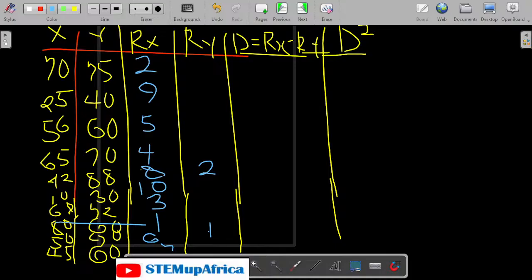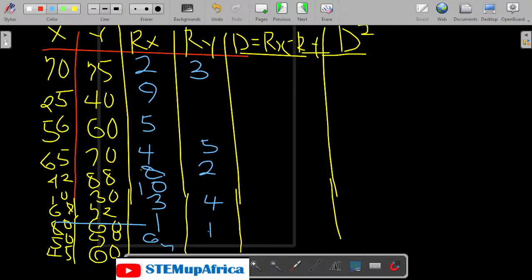I will rank it as 3. After 75, I have 72 there. I will rank it as 4. After 72, I'm seeing 70. I will rank it as 5. After 70, what am I seeing?